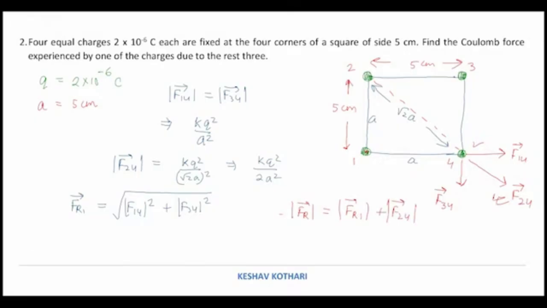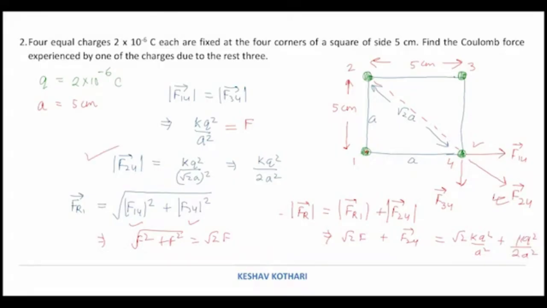So if I calculate the magnitude of FR1, since both the forces are same, we write it as the square root of F square plus F square, which is root 2 F. So it is equal to root 2 F plus F24, where F is this force, k q square by a square. So if we put the values, we get root 2 times k q square by a square plus k q square by 2 a square, k q square by 2 a square for F24.